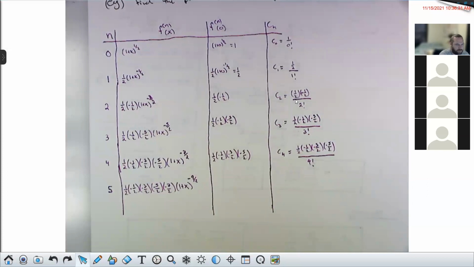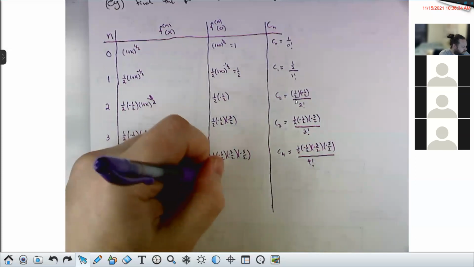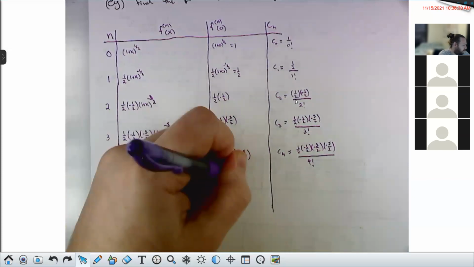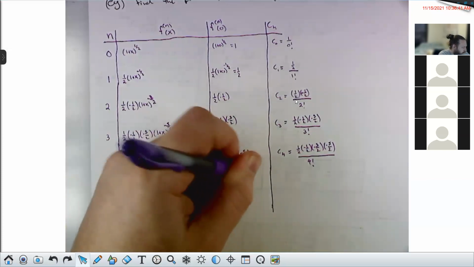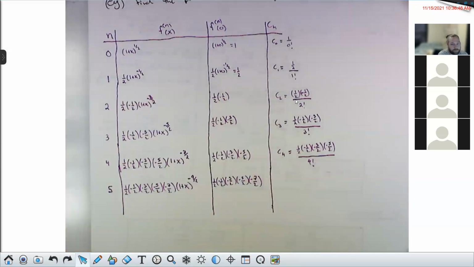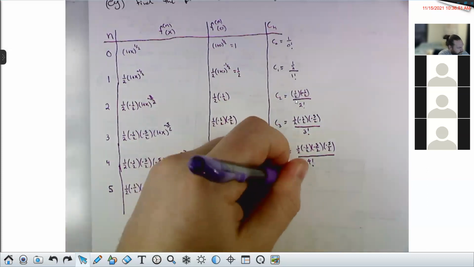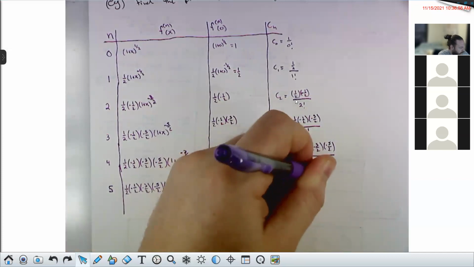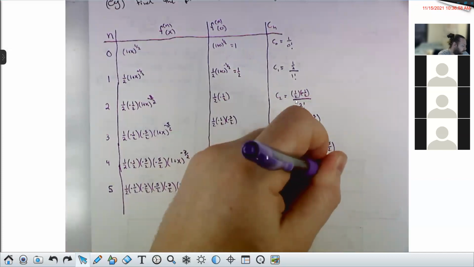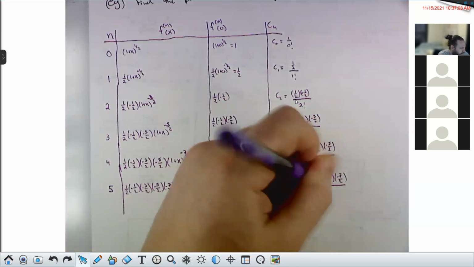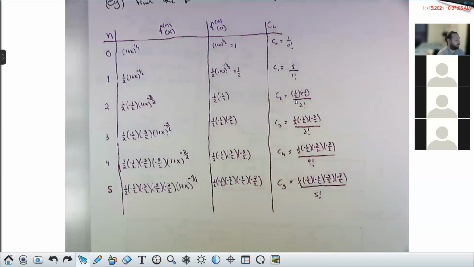And when you evaluate at 0, you just get the product from the start, which is that 1/2, negative 1/2, negative 3/2, negative 5/2, negative 7/2. So C5 is 1/2, negative 1/2, negative 3/2, negative 5/2, negative 7/2, all divided by 5 factorial.